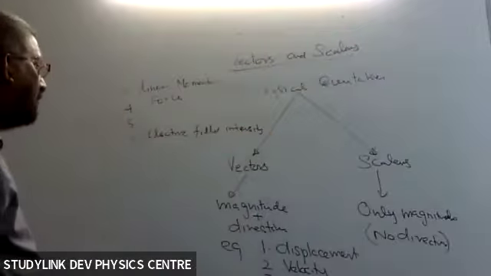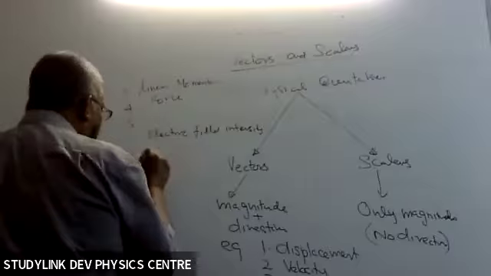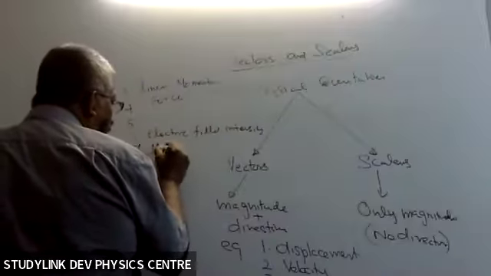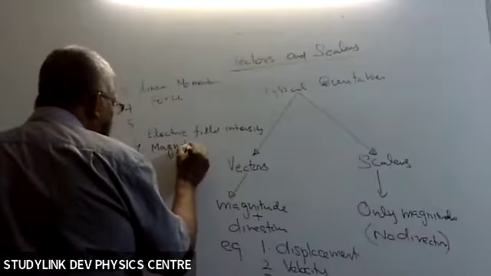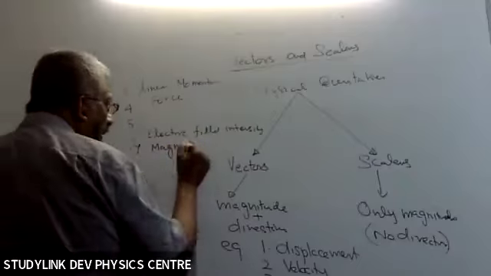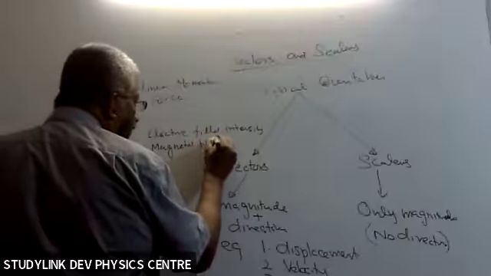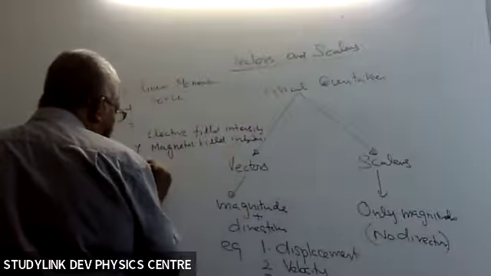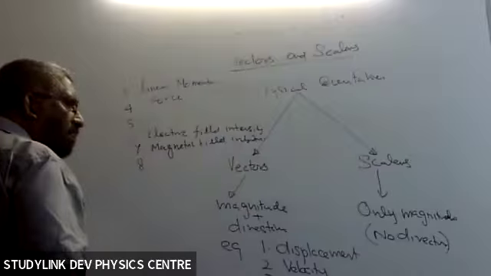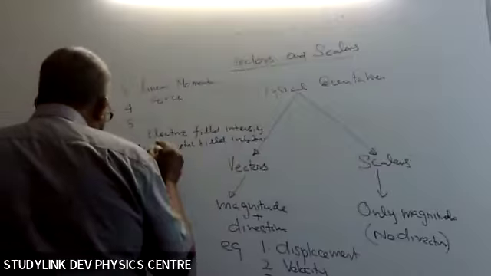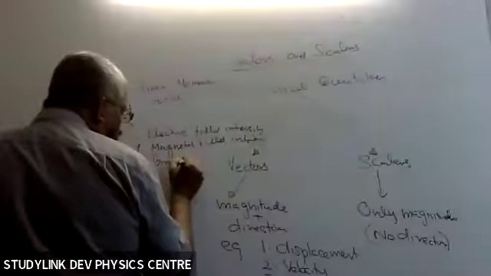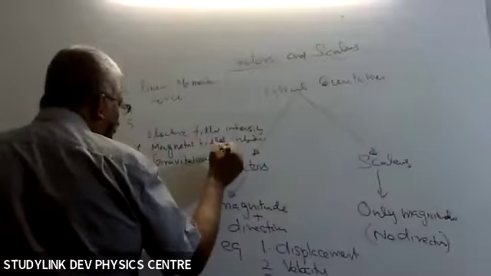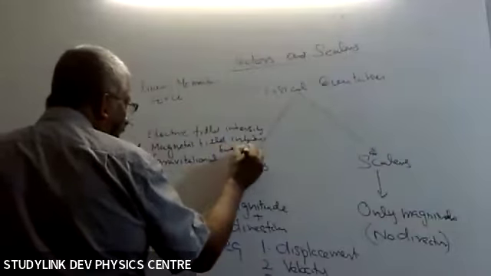Under that, if you want, you can write 7, magnetic field intensity. The 8th one, gravitational field intensity.